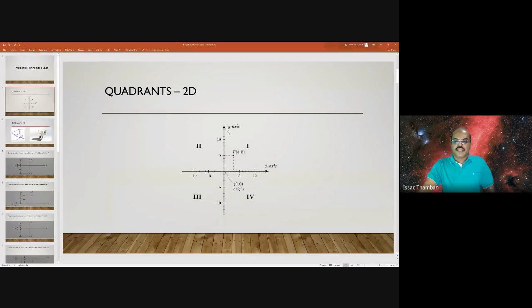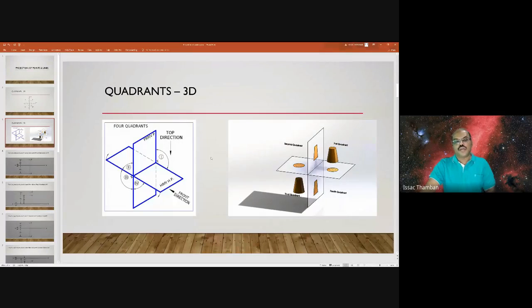In plane geometry, the x and y axes intersect at a point, and we name it the origin. In case of origin, the x and y coordinates are 0. But in case of solid geometry, we have a horizontal plane and we have a vertical plane. These two planes, the HP and VP, are intersecting along a line.